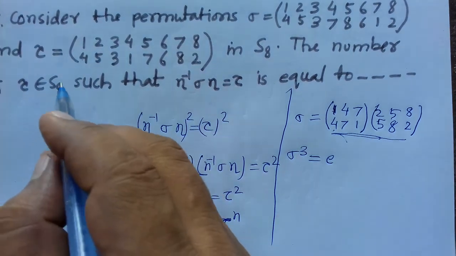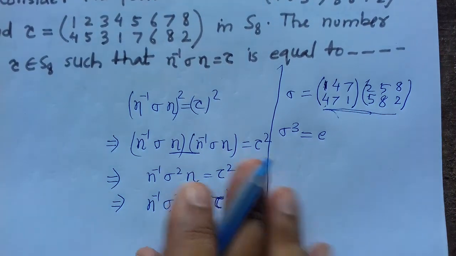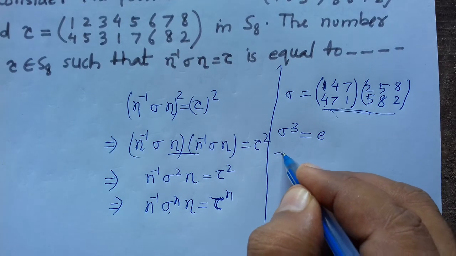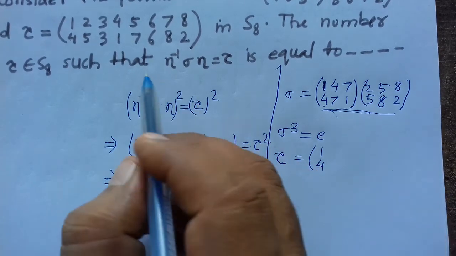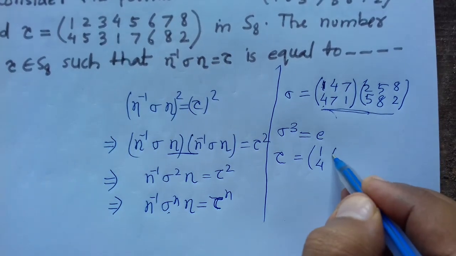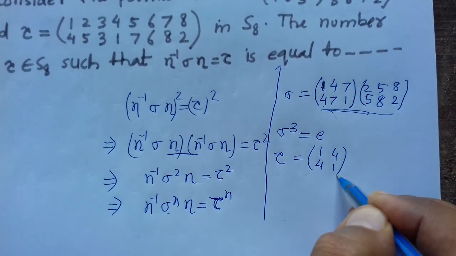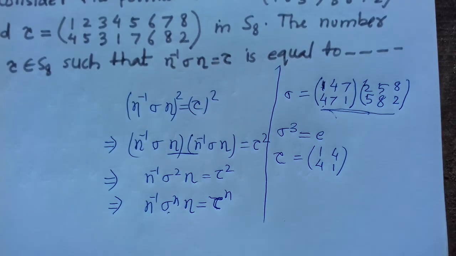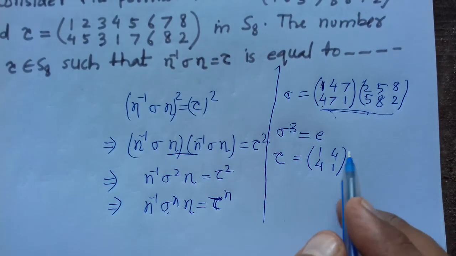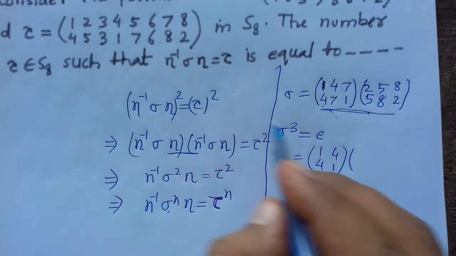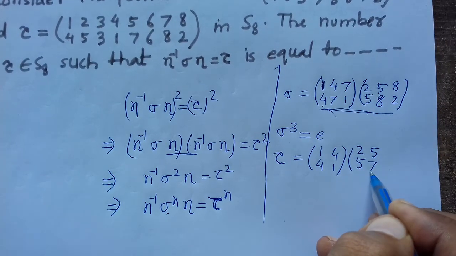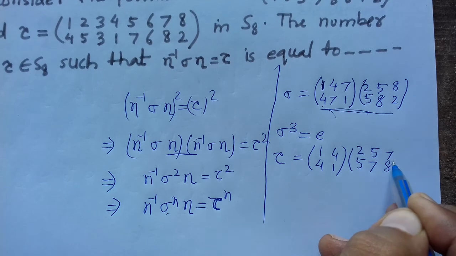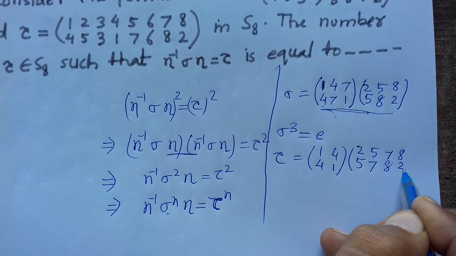Now let us do the same for τ. In τ you see 1 4 and 4 1, so this completes the cycle. Now after 1 we take 2 5, 7, 8, 2.